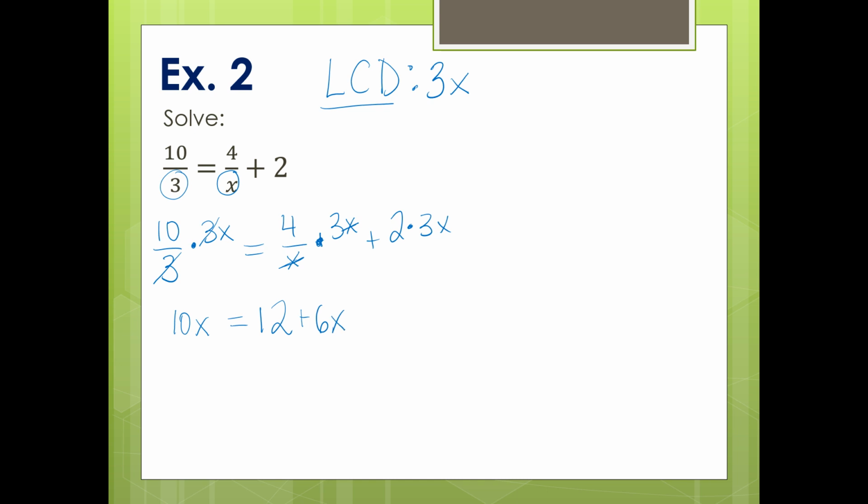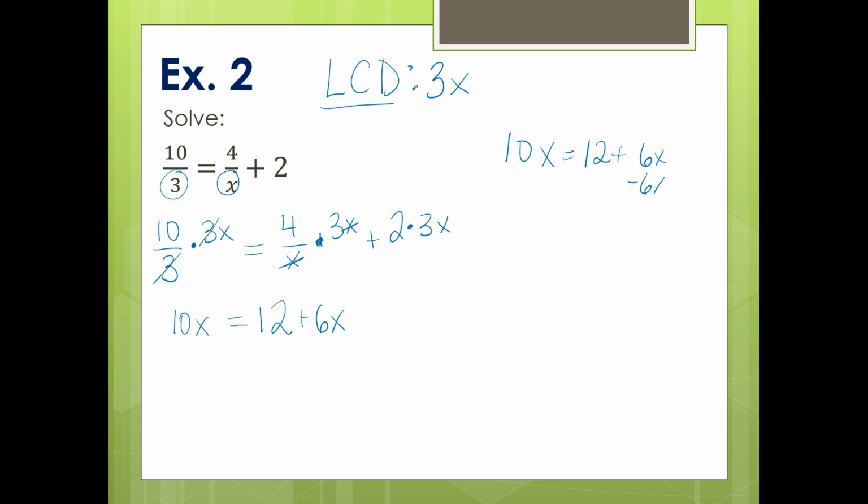Now, this is amazing. We don't even have a quadratic. This is a straight up linear equation. All you have to do when it's linear is get all your x's to one side and all your numbers on the other. So we have 10x equals 12 plus 6x.